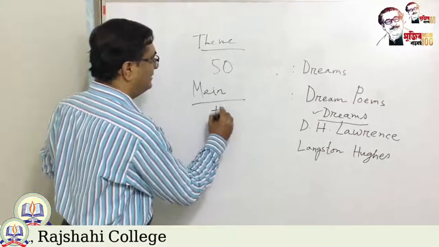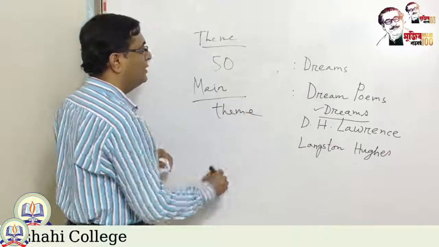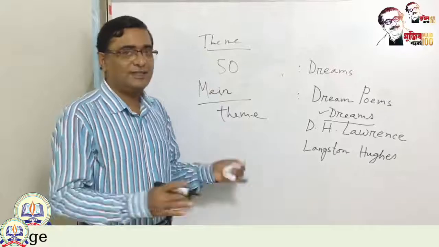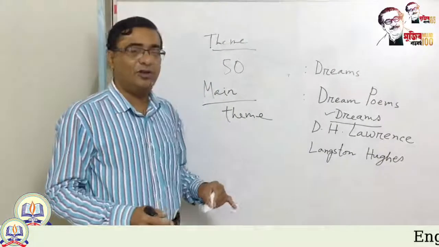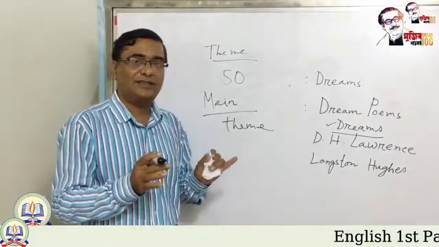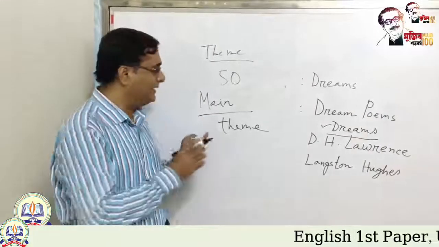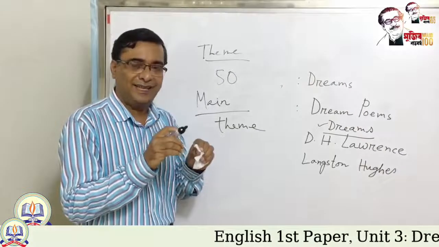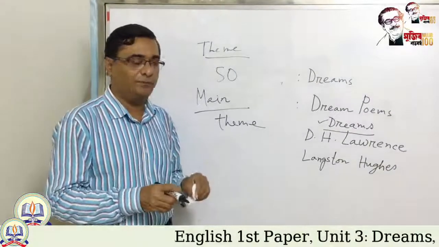That is basically the title, the main theme. So your focus has to be on the theme of the poem, not the summary. Your focus has to be on the theme of the passage, not on the summary. Summary is just the same thing in brief. Theme is the focus on the main idea of the text, the passage or the poem.